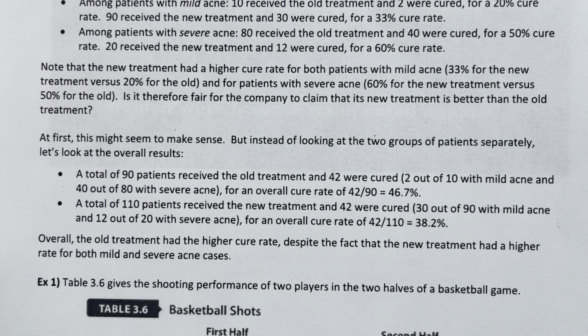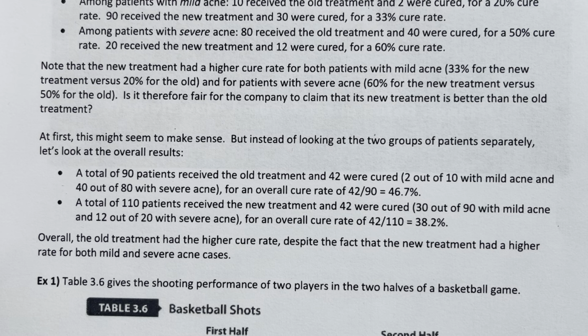They had 42 people cured, but they had 110 people to start with, so that's only 38.2%. So the overall old treatment has a higher cure rate than the new treatment, even though individually it broke up. Even though they tried to manipulate the data, there's always a way to find it.